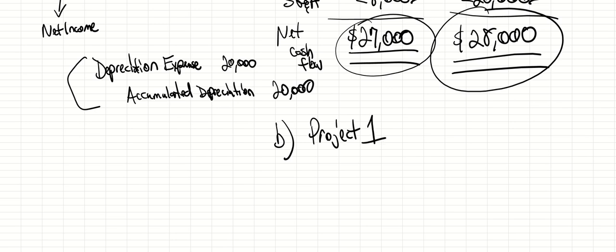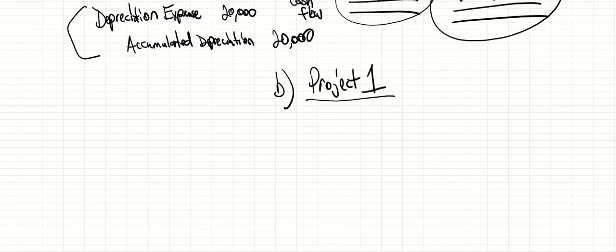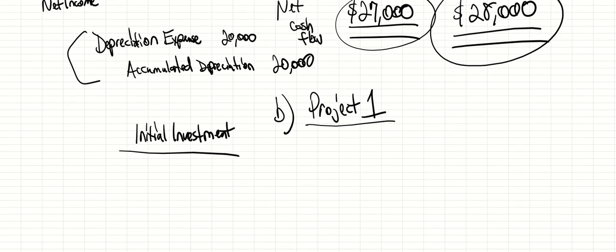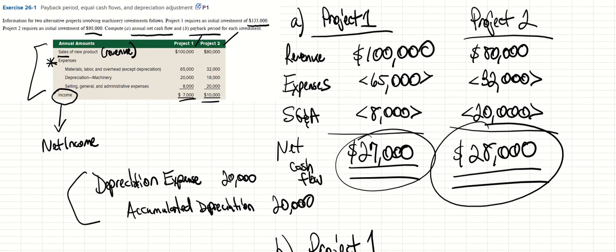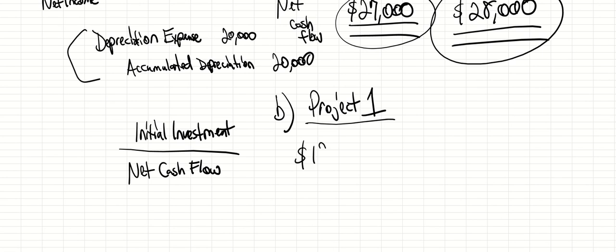When calculating the payback period, we take the initial investment and divide it by the net cash flow.